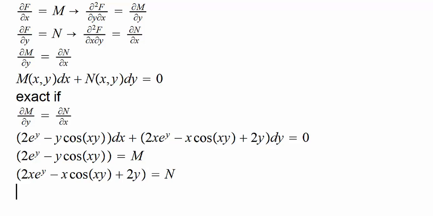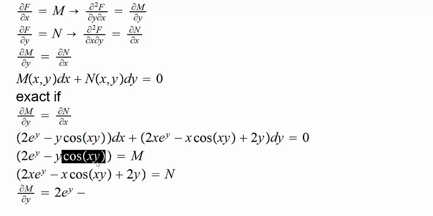You can verify that the partial derivative of M with respect to y is, so here is our M, 2e to the power y, and then we use the product rule, treating x as a constant.